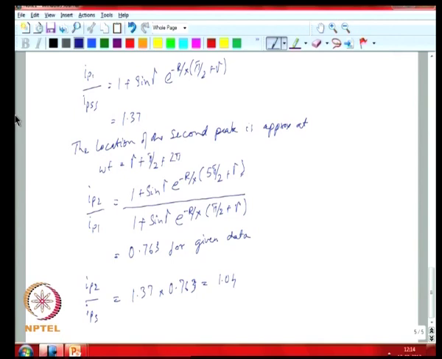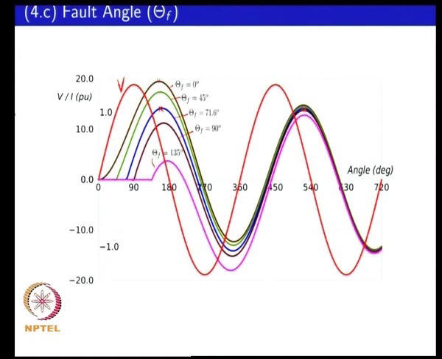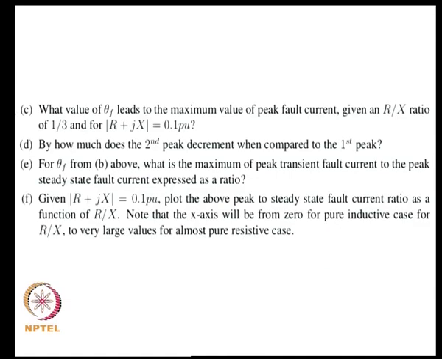So, in the next problem you are asked to plot the IP, the first peak by the steady state fault current as a function of your x by r ratio or r by x term, and so r by x term being small would correspond to a circuit which is almost inductive.